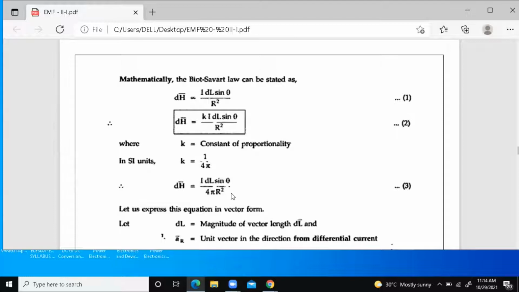You remember what dE was? Differential electric field, sir. I just want to show you the similarity between dH and dE. So tell me what dE was.